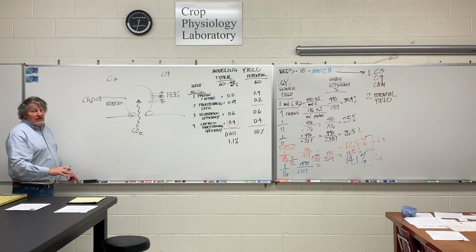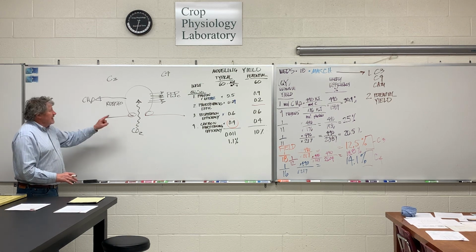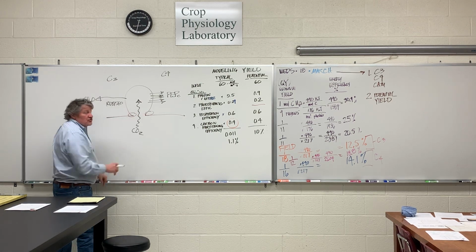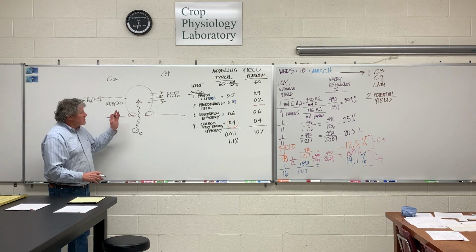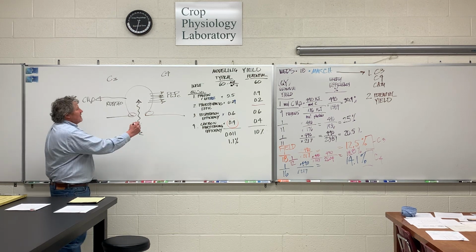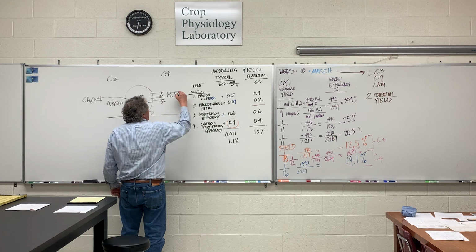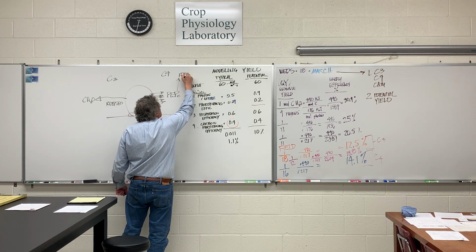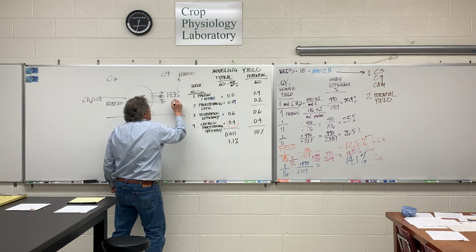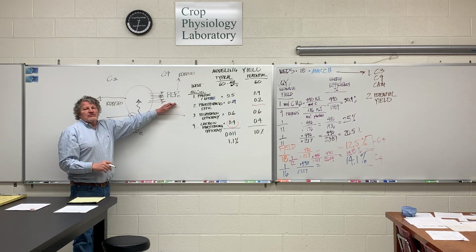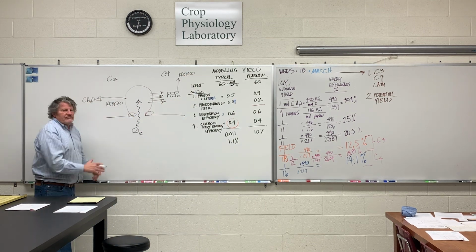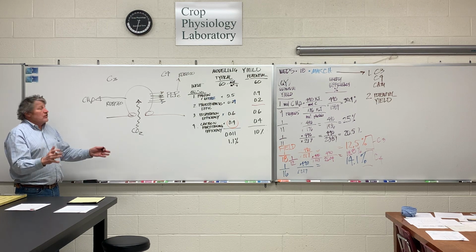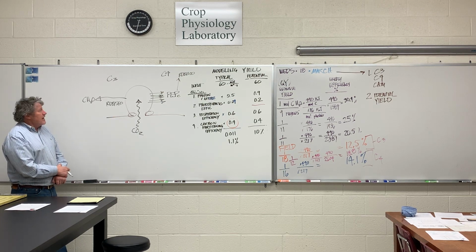This is a fundamental advantage, and it means you can run the stomates more closed because it's got such a good pump. But then, of course, as you know, this still needs rubisco. And so this only helps when we have low CO2 inside the plant.